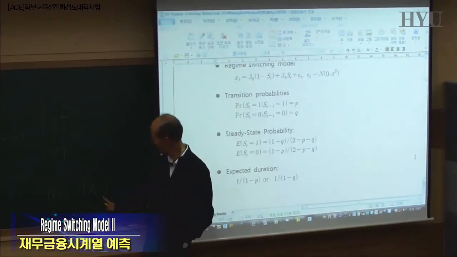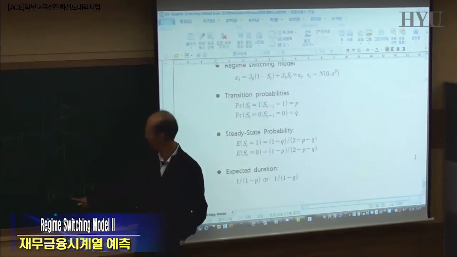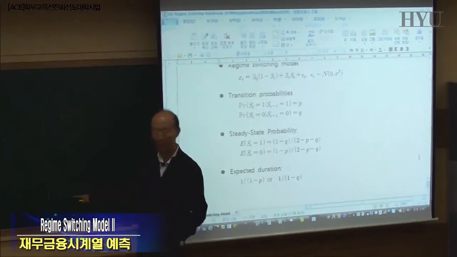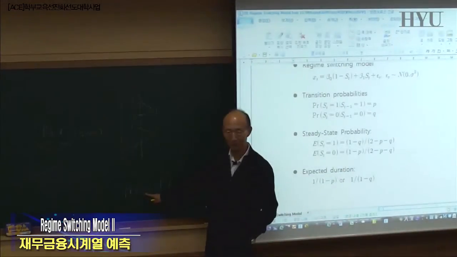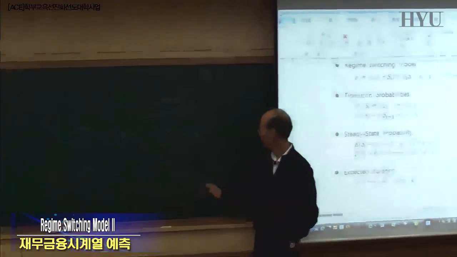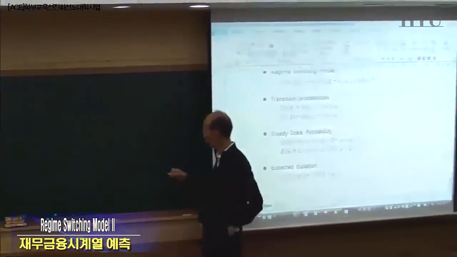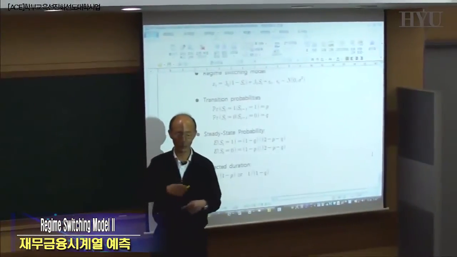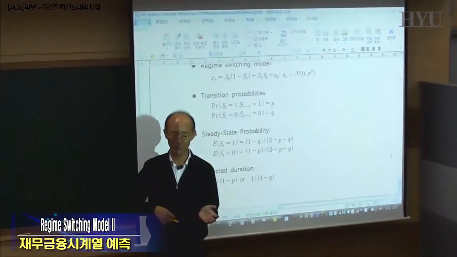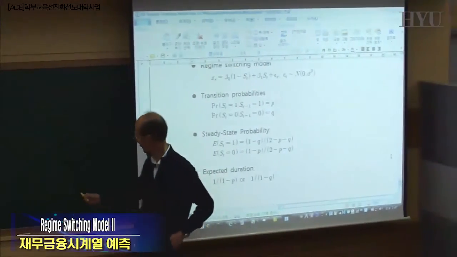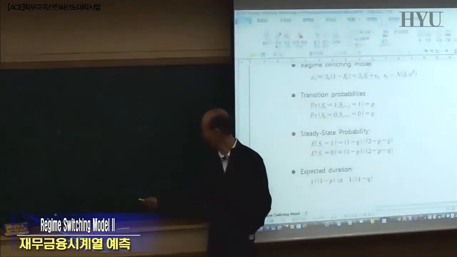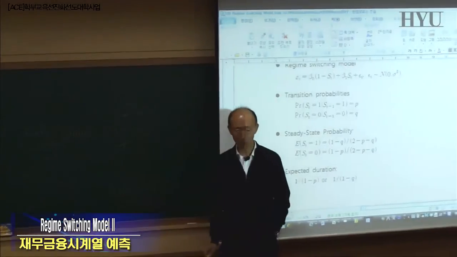So this is a kind of prediction, right? Going from t minus 1 to t, and this one is the update, right? So it involves Bayes' theorem, which tells you how to update your beliefs about a certain event. Let's say you are interested in whether the current state is 1.